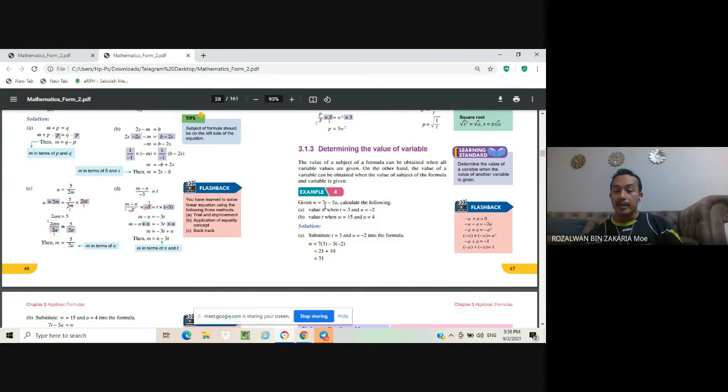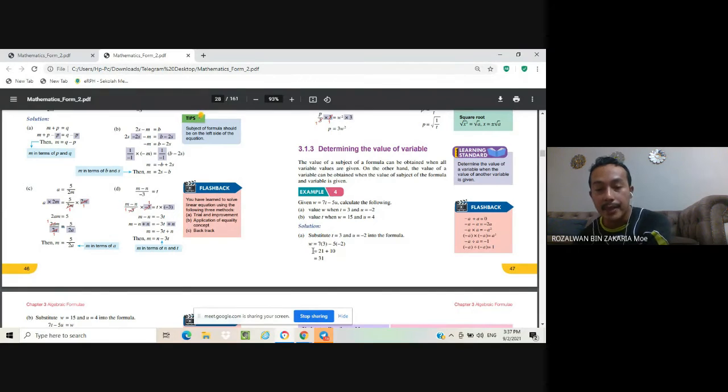So if we want to substitute, we write 7 in bracket T equals 3, so in bracket 3. Bracket means multiplication. Then minus 5U. This U you substitute with the given minus 2, so 5 in bracket minus 2. So for A, substitute T equals 3 and U equals minus 2 into the formula.